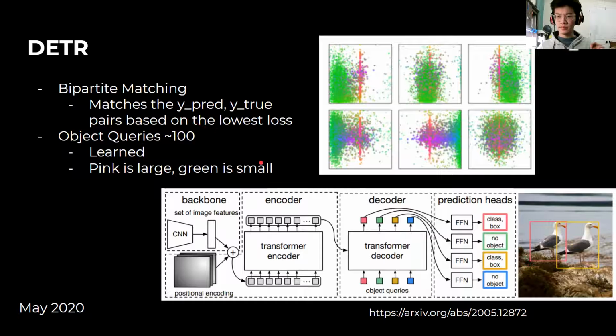Basically, there's a bipartite-type matching. We look at the 100 outputs and ground truths, match them together, and take the loss that's the lowest. Whenever there's a repeated output, only one of those would be matched to the ground truth, and the other ones would get penalized within the loss function.